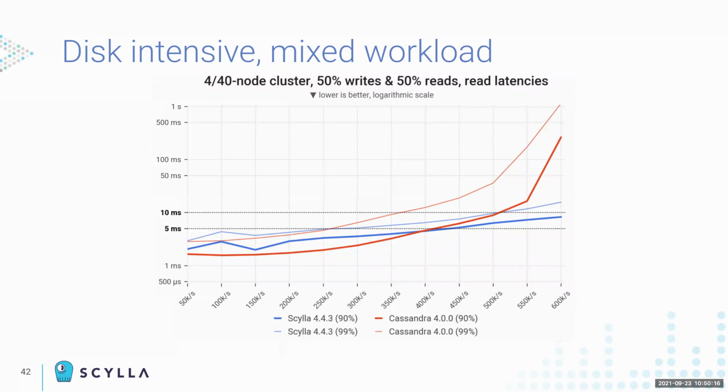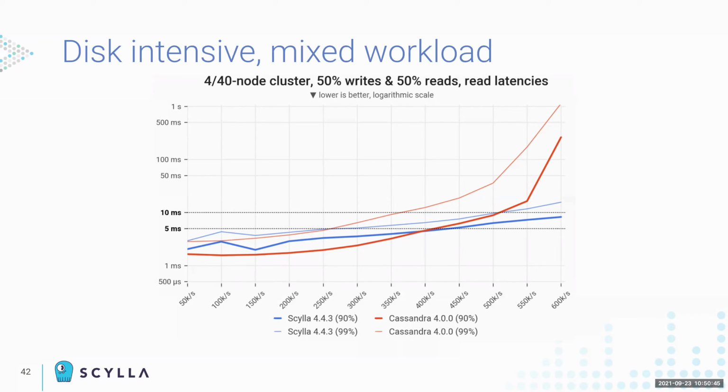So the last slide showed the write latencies. Here are the read latencies. They are a bit higher in both clusters, but the 90 percentile latency of Scylla is still below 10 milliseconds. And even the 99 percentile latency is below this threshold for a large portion of this graph.